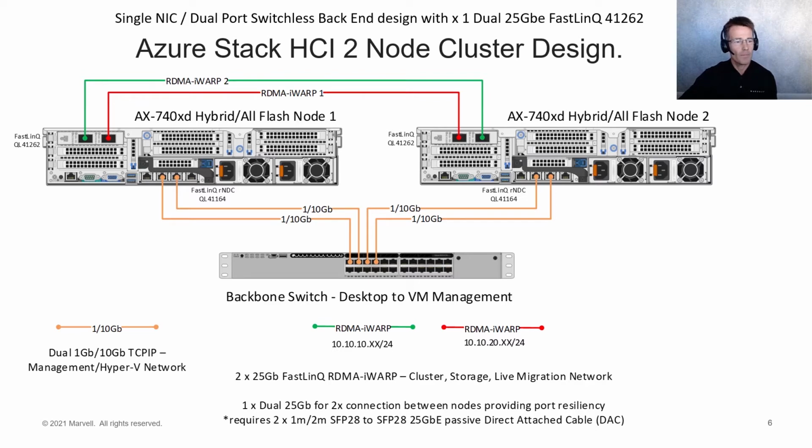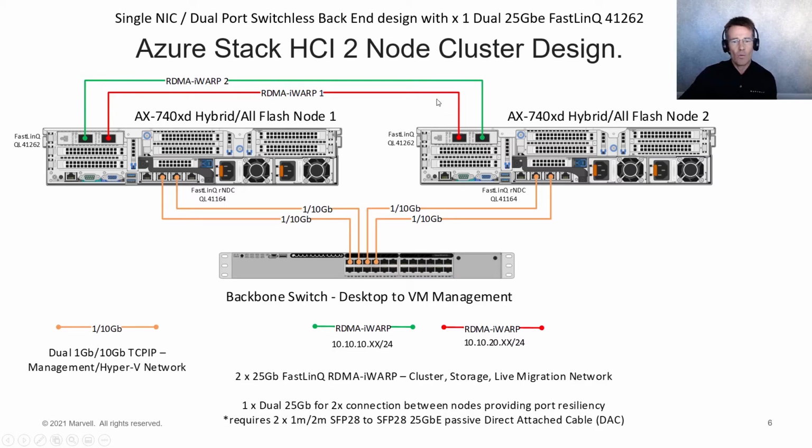And here we're using the Marvell FastLinQ QL41262 adapters, and these are providing dual 25 gig capability using RDMA with iWARP to connect both links. And then we're connecting these together using either direct attached copper cables or active optical cables to connect the two servers together.